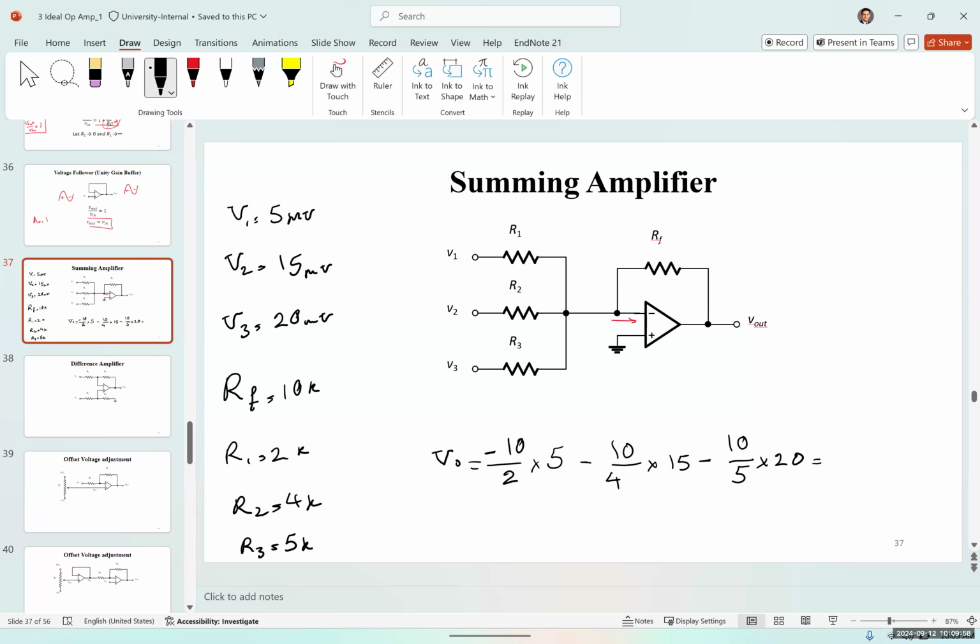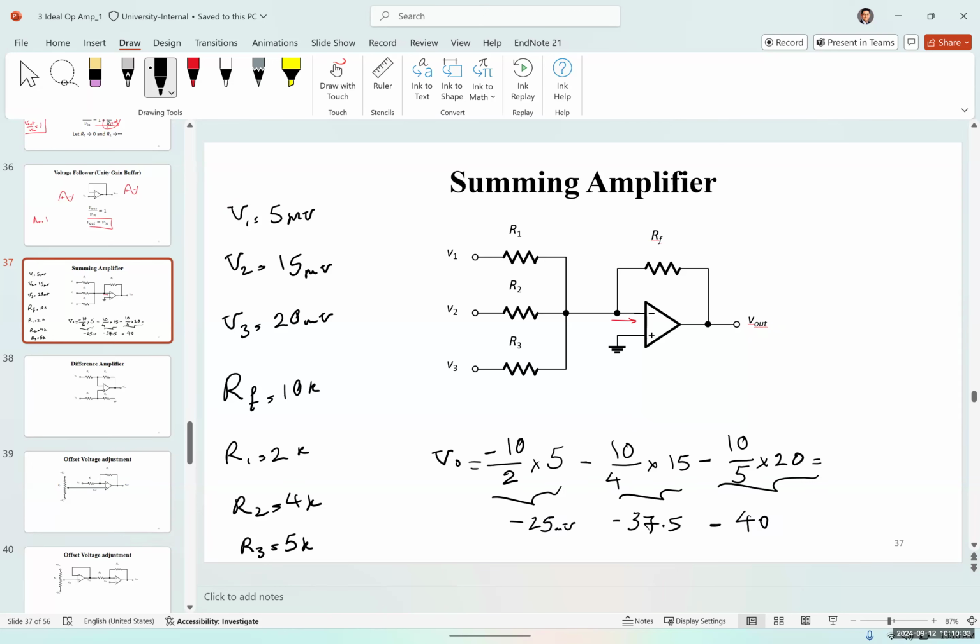So the equation will be negative RF over R1 times V1 minus RF over R2 V2 minus RF over R3 V3. So the first part, negative 25 millivolts. Second one is 2.5 times 15 gives us 37.5, negative 37.5. And the third part gives us negative 40.